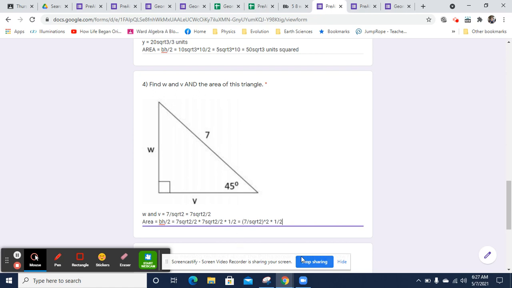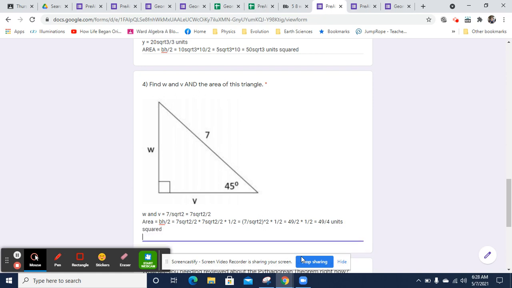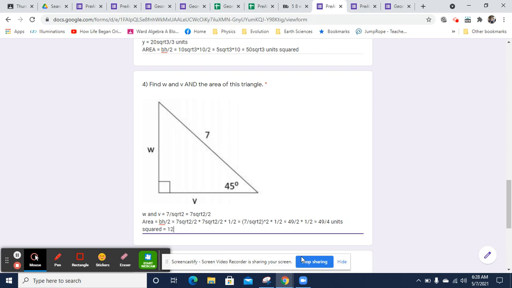So 7 squared will be 49. The square root of 2 squared will just be 2. And then we're multiplying times 1/2. So that's going to equal 49 over 4 units squared. Now, if you wanted to, you could turn 49 over 4 into 12 1/4 units squared. And you're done.